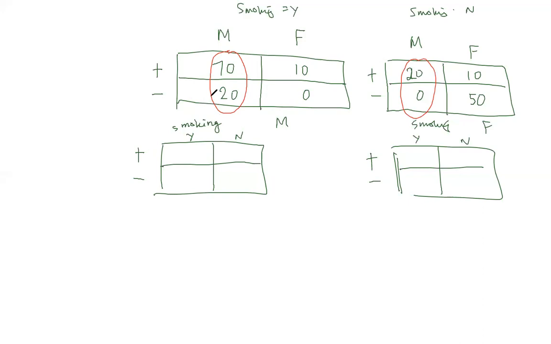So you will get smoking maybe 10 here, 20 here, then you have 20 here. So you basically have 10, 0, and 10.